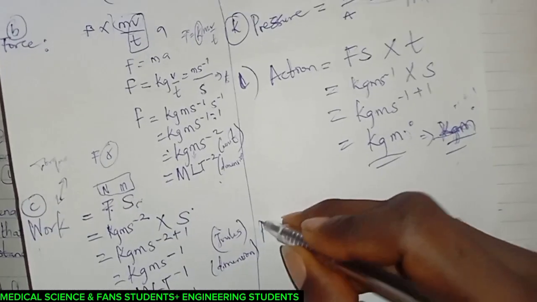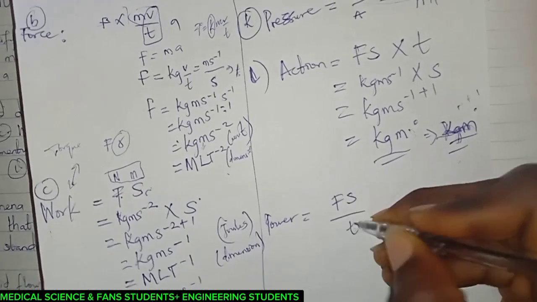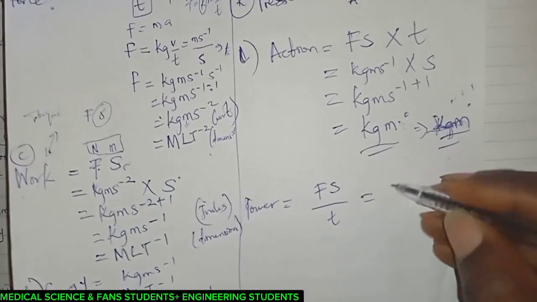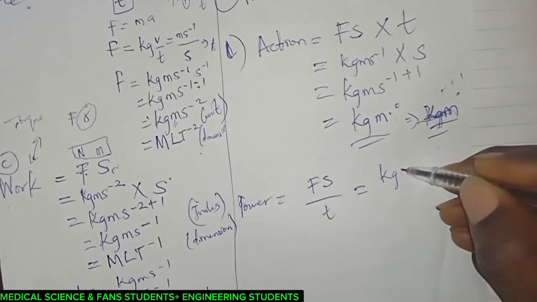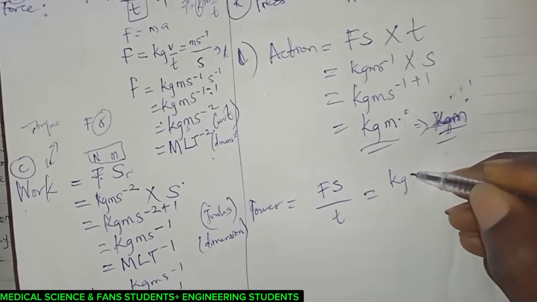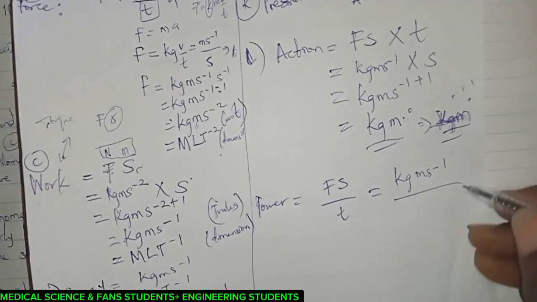Power is equal to work done over time, which is the same thing as saying kilogram meter per second all over per second.